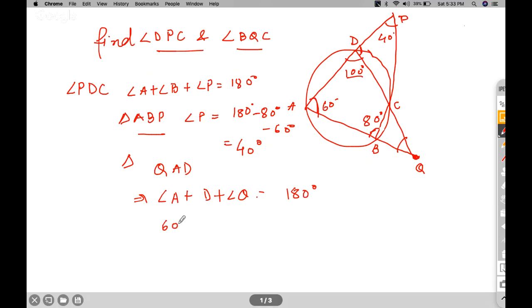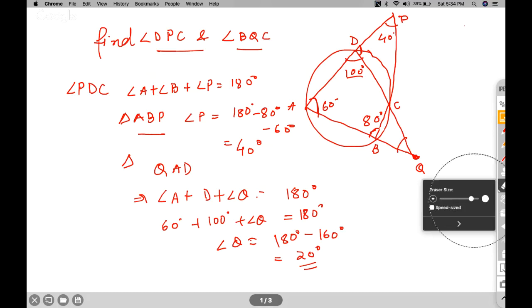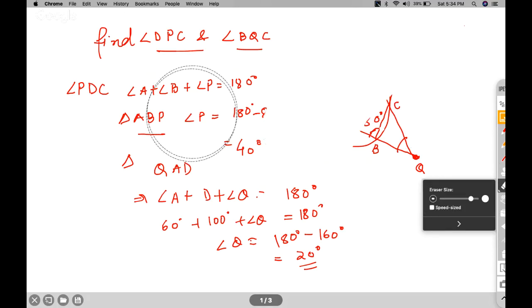So, this is 60, this is 100, is equal to 180 degrees. So angle Q is equal to 180 degrees minus 160 degrees, which is equal to 20 degrees.